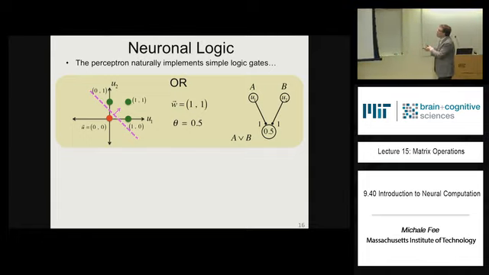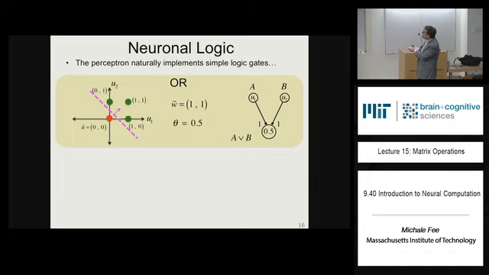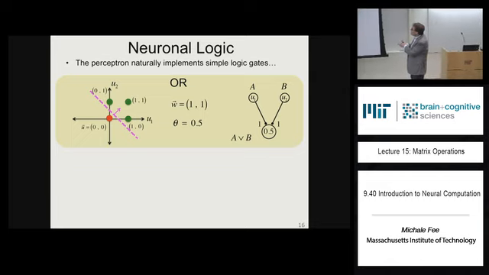Okay? But any input that's on the other side of the decision boundary produces an output firing rate of 1. What that means is that if the input A, or U1, is a 1, 0, then the output neuron will fire. If the input is 0, 1, the output neuron will fire.